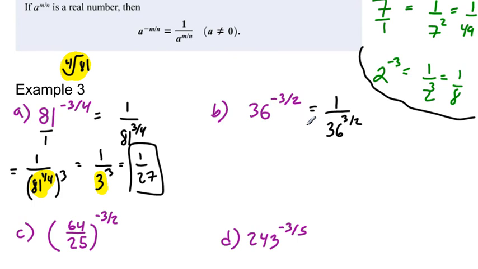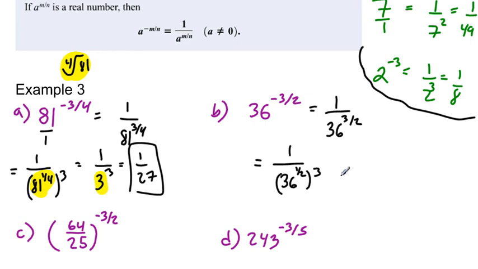Now let's simplify the denominator, and the denominator is the bottom. I can rewrite this as 1 over 36 to the power of 1/2, and raise that to the power of 3. As you can see, we just keep building on the rules that we learned from last examples.